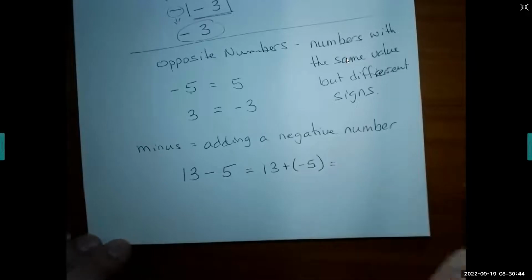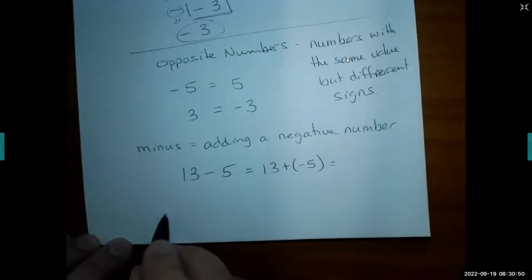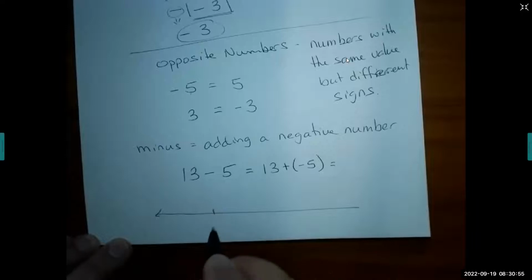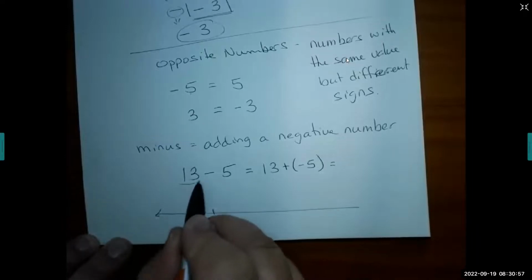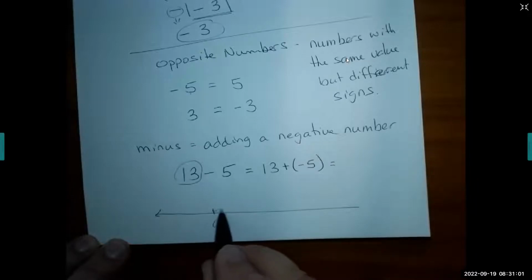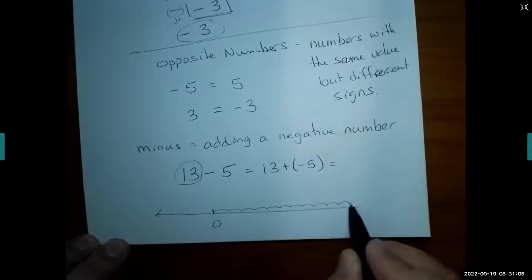What does that equal? Well, let's see. We start off with a number line. Here's 0. What direction does this number go? To the right 13 spaces. 1, 2, 3, 4, 5, 6, 7, 8, 9, 10, 11, 12, 13.